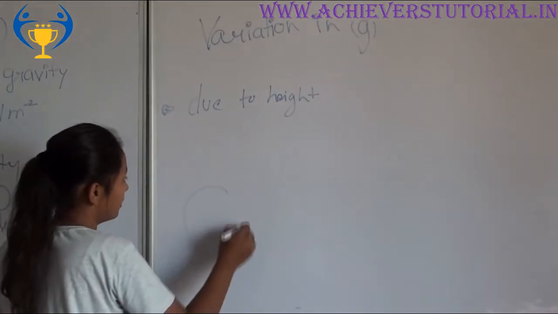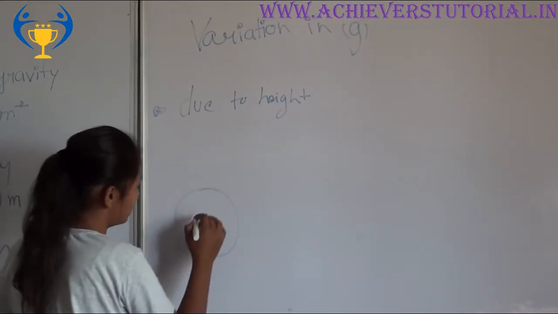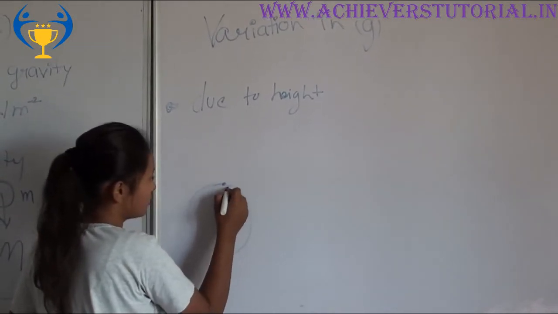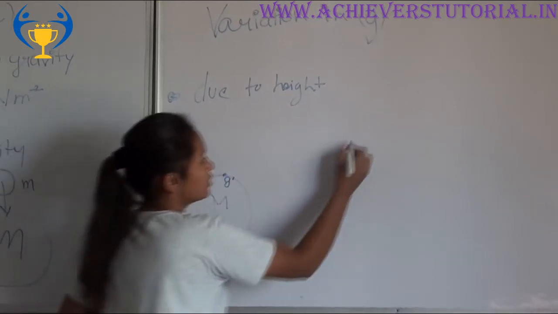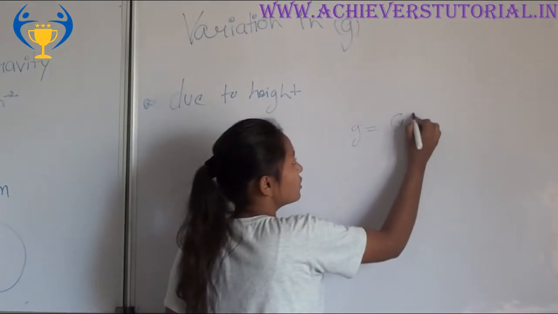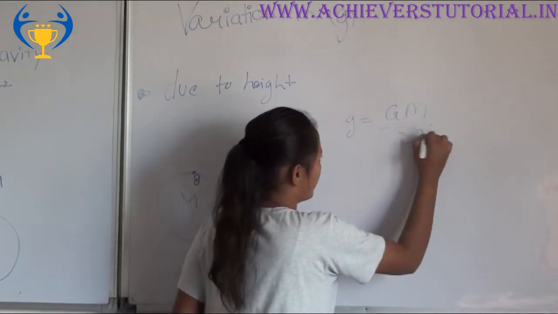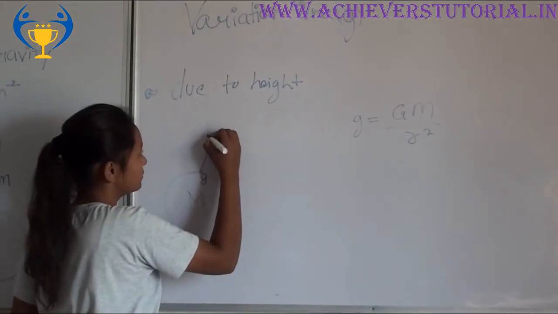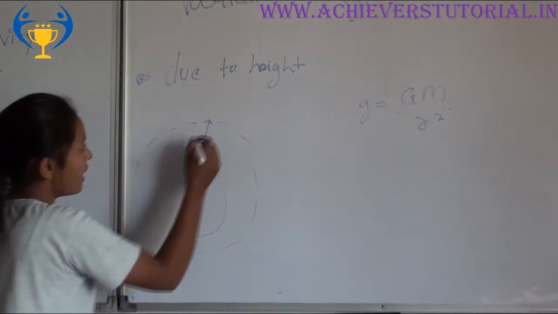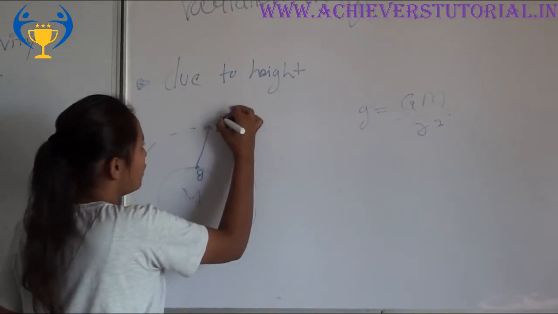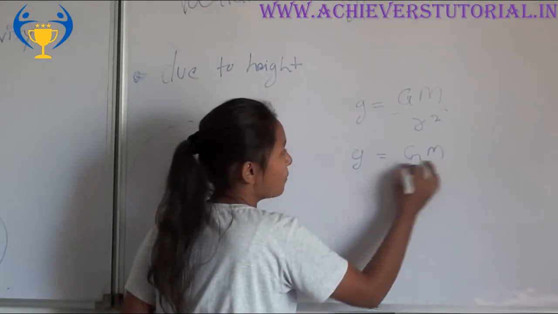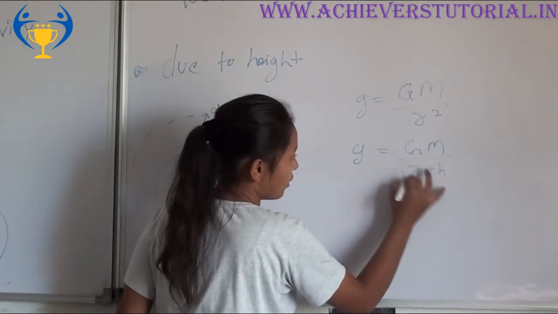Let's take the Earth, having mass m. At the surface, the value of g is equal to Gm upon r square. At some height, the value of g is equal to Gm upon (r plus h) square.